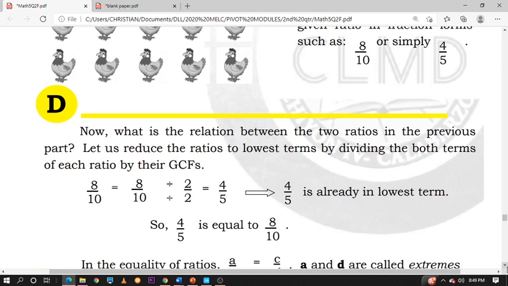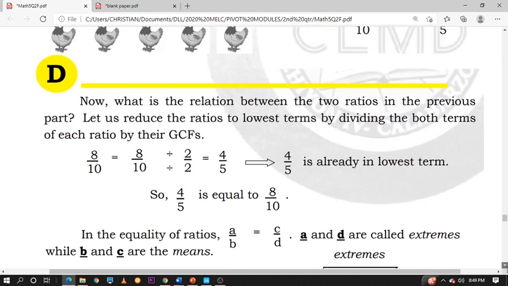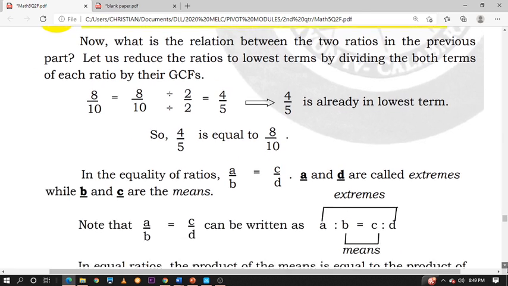Now, what is the relation between the two ratios in the previous part? Let us reduce the ratios to lowest terms by dividing both terms of each ratio by their GCF. We remembered this last time, right?